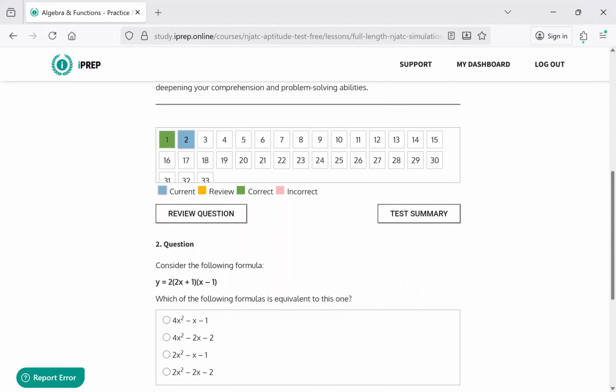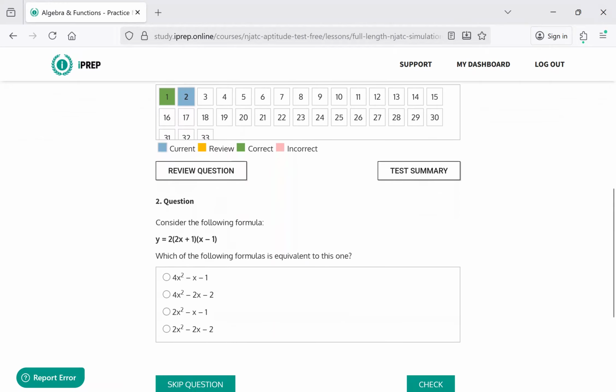Question two says, consider the following polynomial: y equals 2 times the quantity 2x plus 1 times x minus 1. They want you to FOIL out and collect like terms. What I would do first is FOIL out the 2x plus 1 and x minus 1, right?